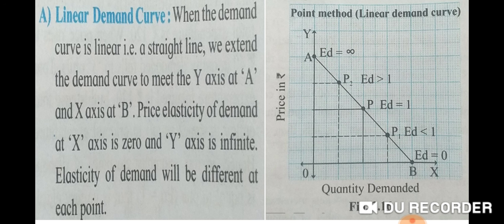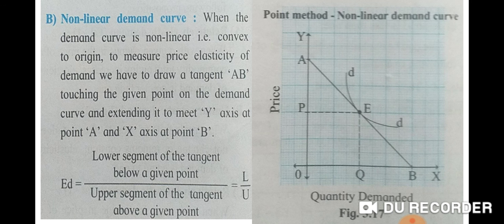When the demand curve is non-linear, that is convex to the origin, to measure price elasticity of demand we have to draw a tangent, as shown on DD. DD is the demand curve.